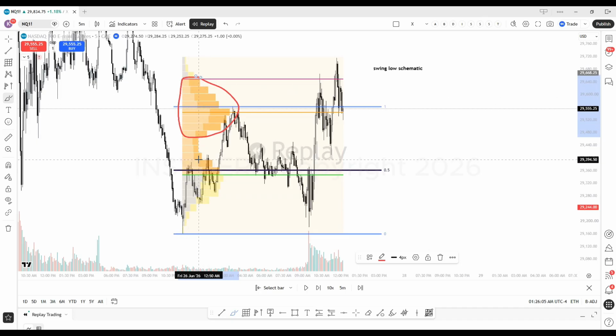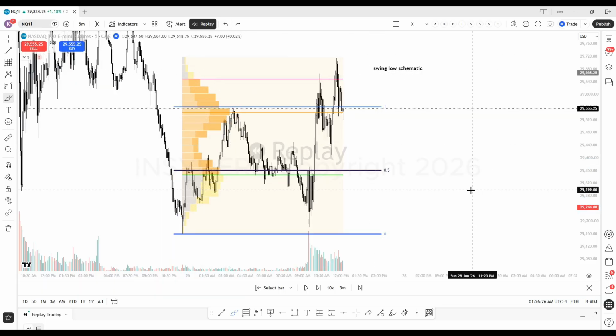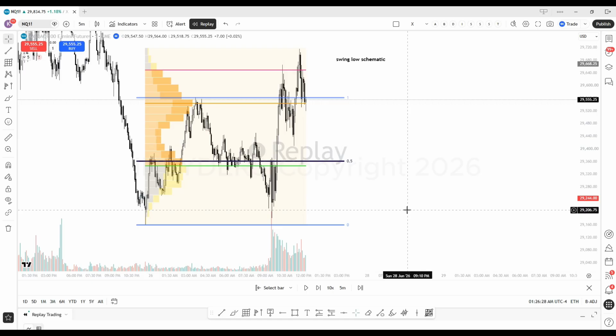Right here is bigger than right here. So that's how I visualize where most of the volume is compacted. You have to actually split up the profile a little bit, and that's how you visualize grouping density.